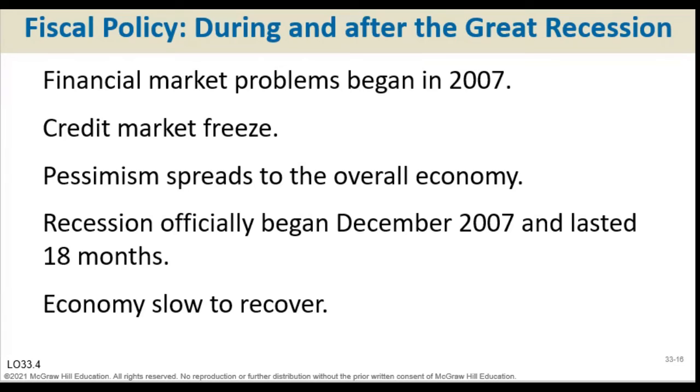This came after the government spent 700 billion for financial institutions in what we call the TARP, right?